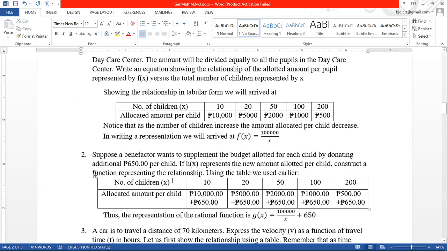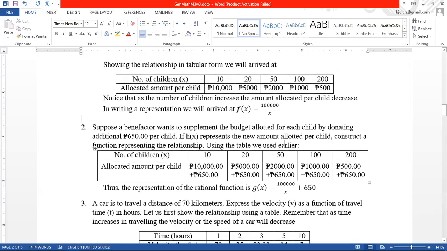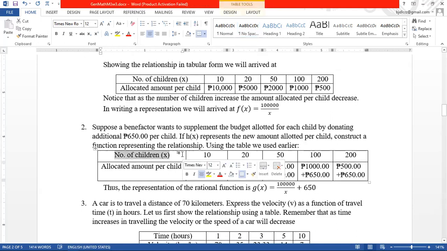So second, suppose a benefactor wants to supplement the budget allotted for each child by donating an additional 650 pesos per child. If h of x represents the new amount allotted per child, construct a function representing the relationship. Using the table we used earlier, here first is the number of children, which are 10 kabuok sila.